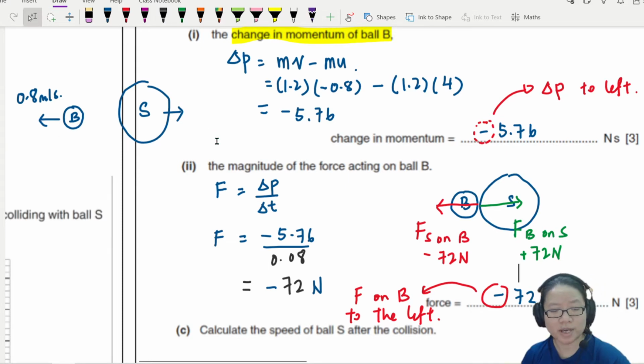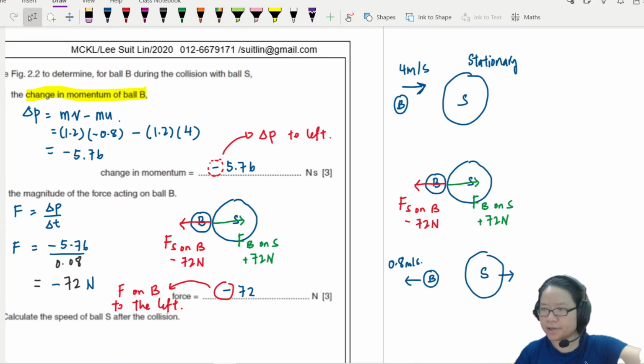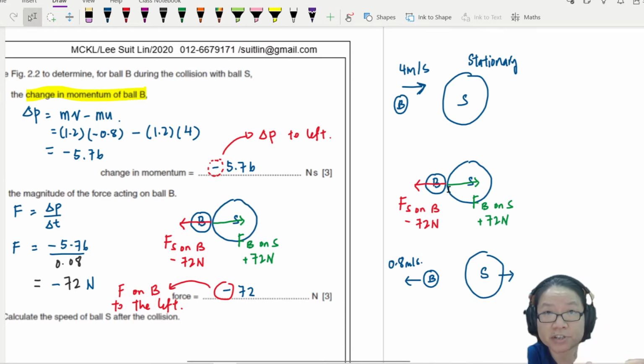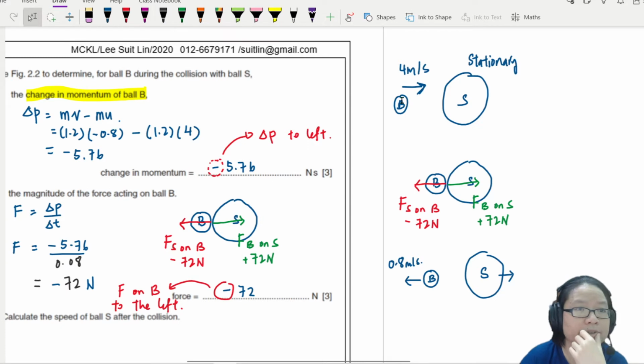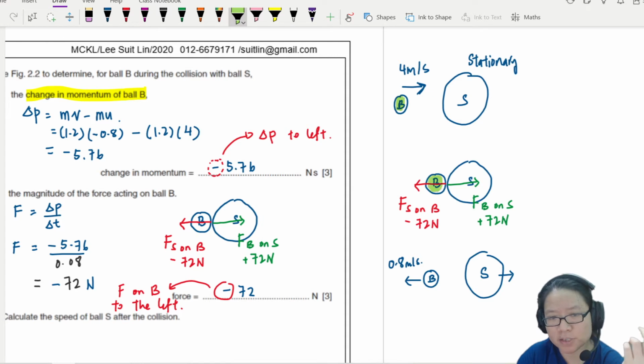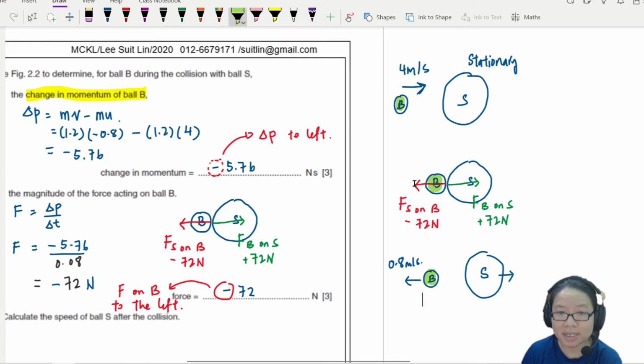So if I put it together, here it is, I drew already. This is before, and this is during, the time there are forces interacting between them. If you just look at ball B, it experiences a force from S. That's why the momentum of B changes.